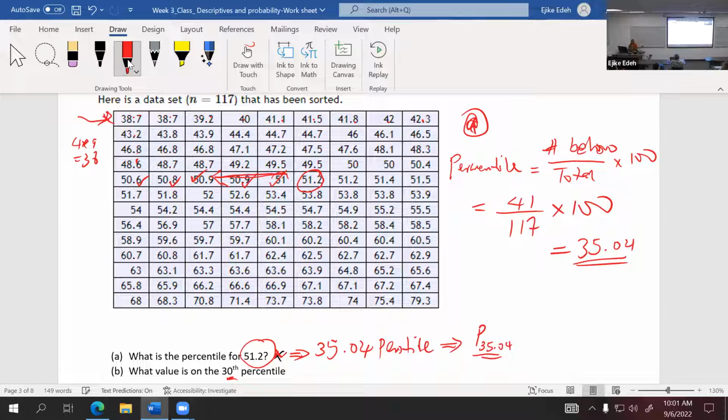So let's try this. You all do this for me. Let's see if we can get many people having it step by step. What is the percentile value of 58.1? Work with somebody beside you, discuss it if you want. What will be the percentile value for 58.1?